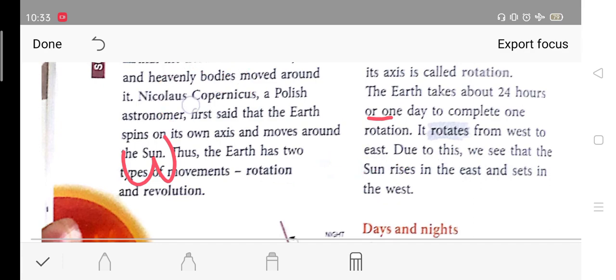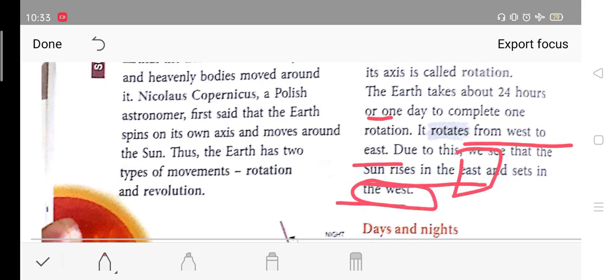Due to this, we see that the sun rises in the east and sets in the west. Because of the rotation from west to east, the sun appears to rise from the east and set in the west.